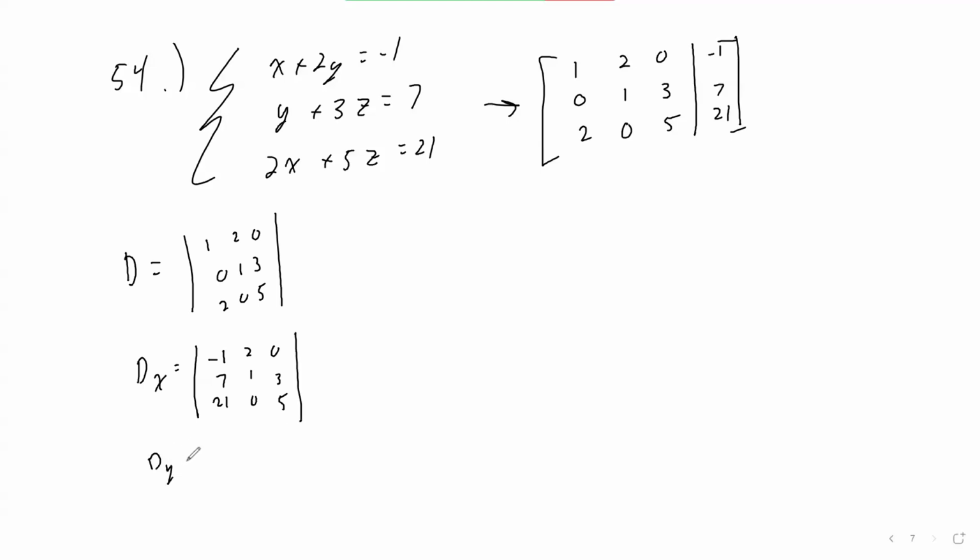Dy would be 1, 0, 2, replace y now with negative 1, 7, 21, 0, 3, 5. And then Dz would be 1, 0, 2, 2, 1, 0. Now I'm going to replace that z column with negative 1, 7, 21.